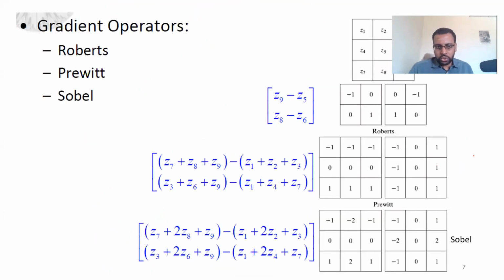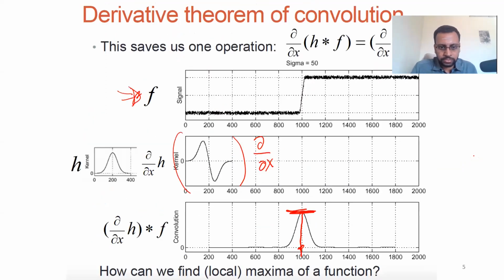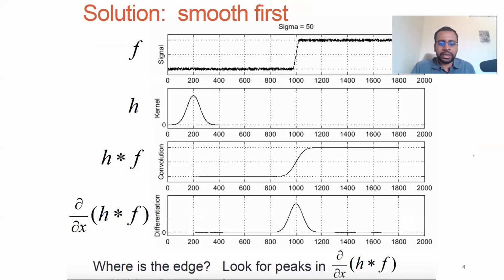Sir, for both the first order derivative and second order derivative, is the number of multiplications the same? Yes, it's just one more time you are finding the derivative, right? Keep this in mind: maybe you need to take care of your boundaries.